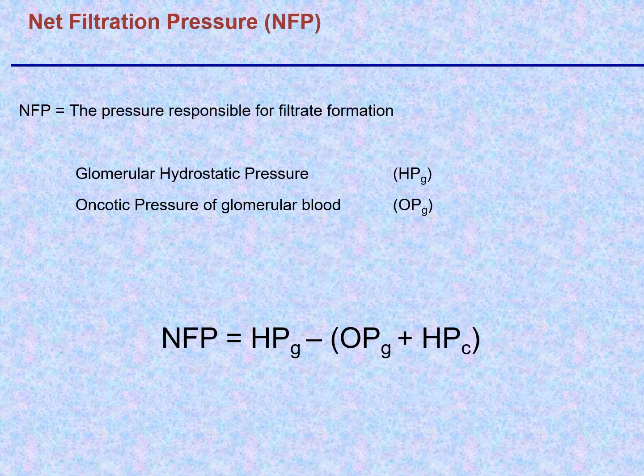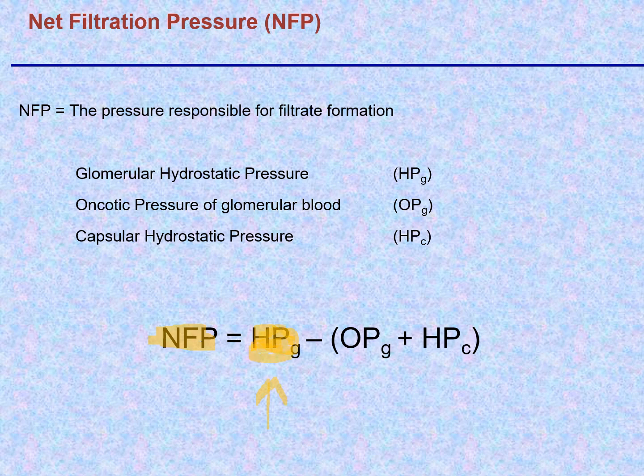Overall, the equation is that the net filtration pressure is equal to the glomerular hydrostatic pressure minus the sum of the inward forces. Let's say up is outward and down is inward.